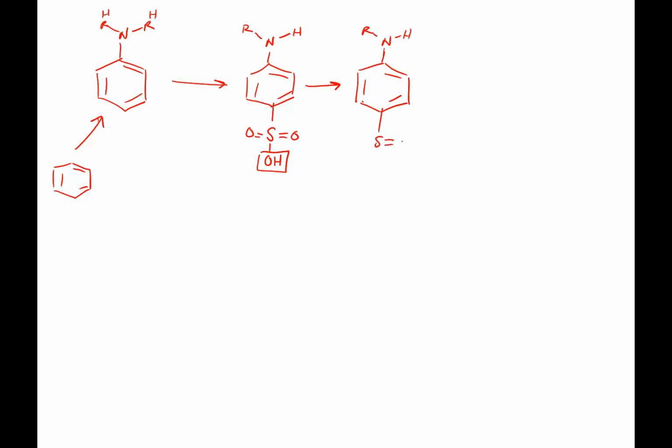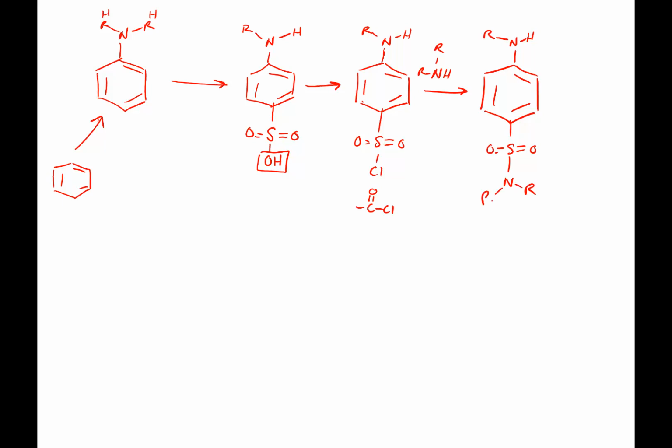If I change that OH group to a Cl group, then this group right here is going to be the equivalent of a carboxylic acid chloride, so that then I could react that with my next amine group, attach that nitrogen to it, and make basically whatever my sulfa drug is.